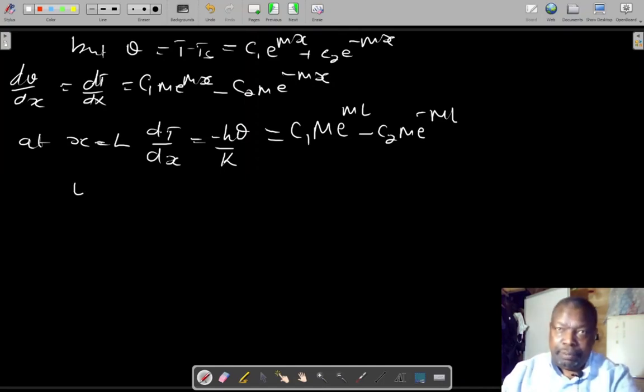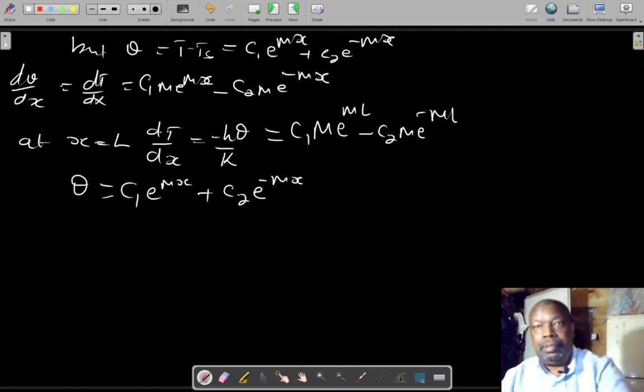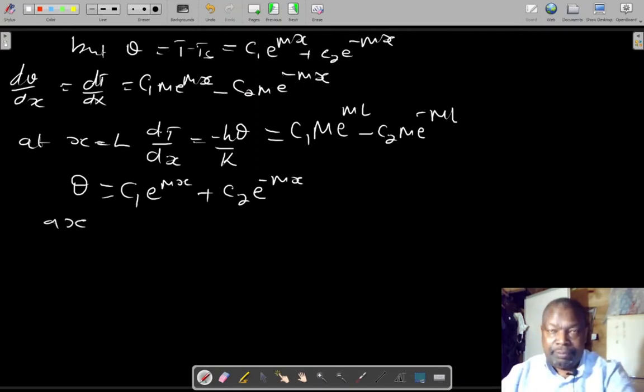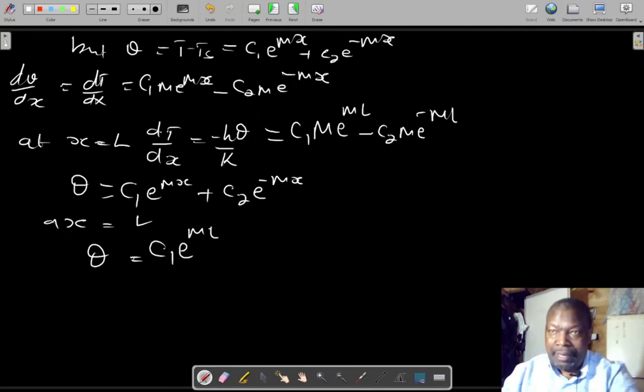But from the general equation, theta is C1 e^(mx) plus C2 e^(-mx). So at x equals L, our theta will be equal to C1 e^(mL) plus C2 e^(-mL).